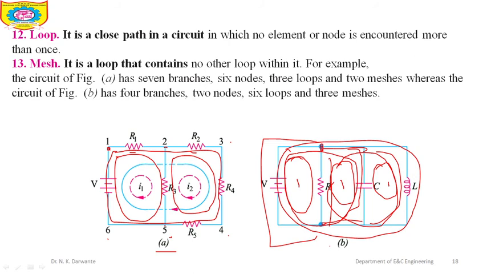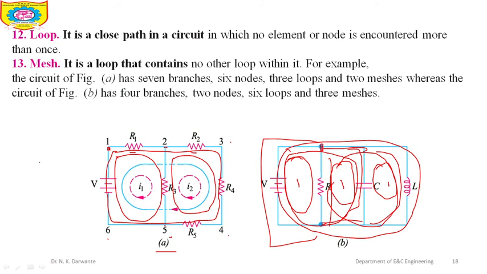Then if we go ahead, we have to see the mesh. What is a mesh? Actually there is a very slight difference between loop and mesh. It is a loop that contains no other loops within it. If no loops are inside that particular loop, that loop is also called a mesh.